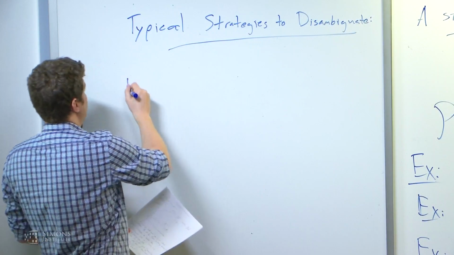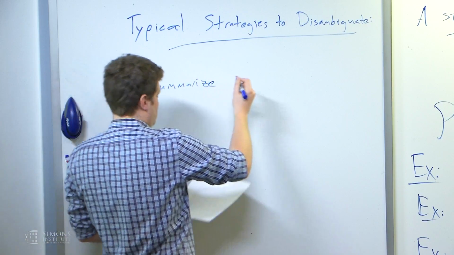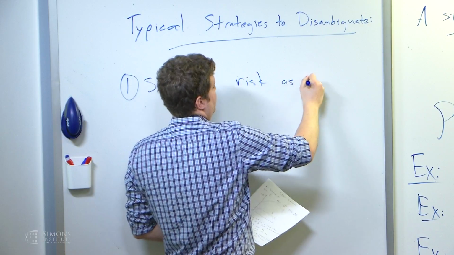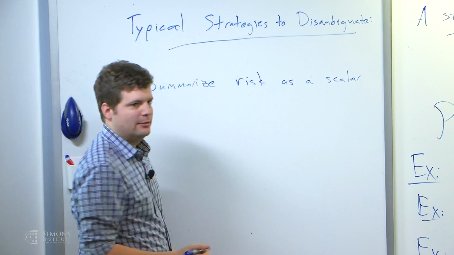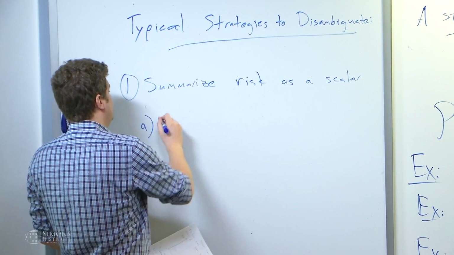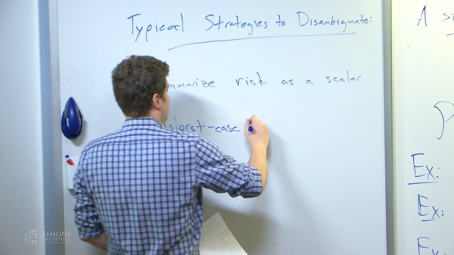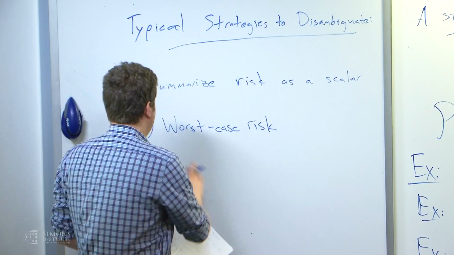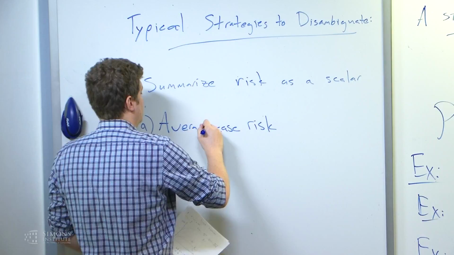First would be to summarize the risk function as a scalar. The two most common ways of doing that would be average case risk and worst case risk.